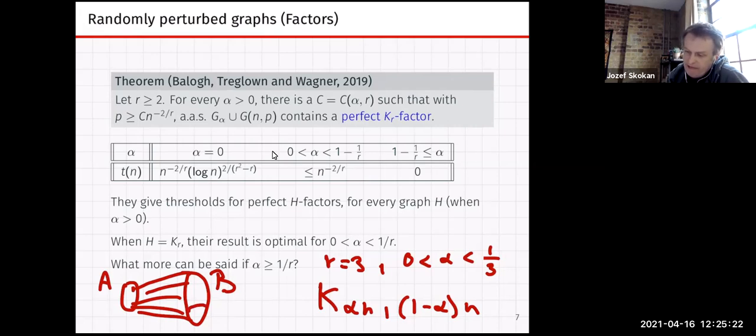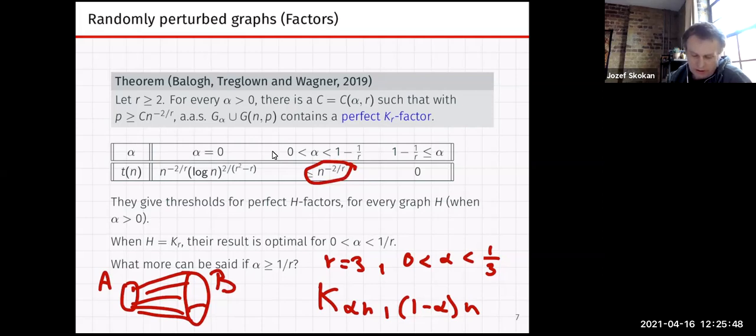That means you will need a linear number of triangles from G(n,p). And in order to have a linear number of triangles in G(n,p), you need this particular threshold, n to the minus 2/3. Does it make sense?